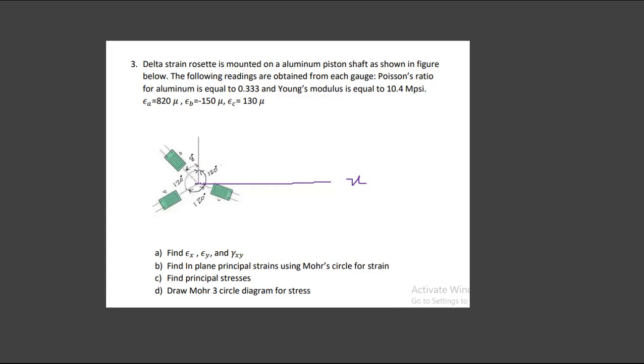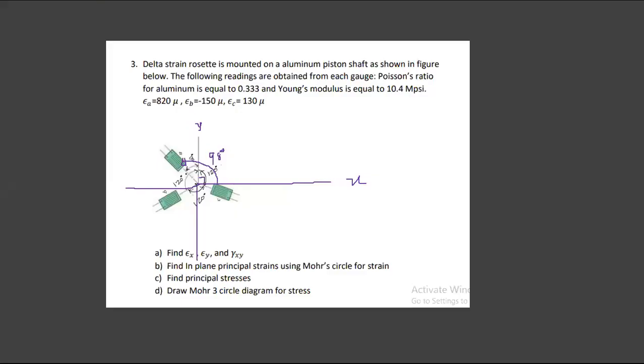We'll draw it like this. So what is this angle? If we call this the y-axis, this is 90 plus 8, that's going to be 98. Okay, so what are the other angles?